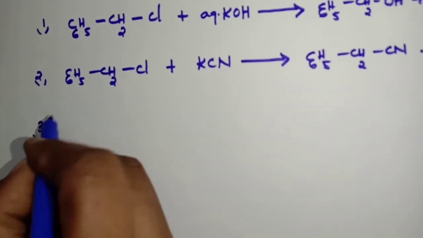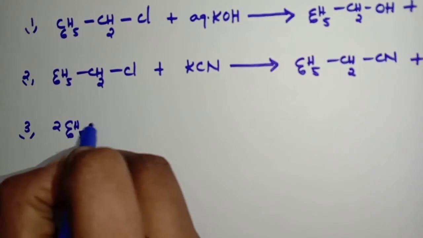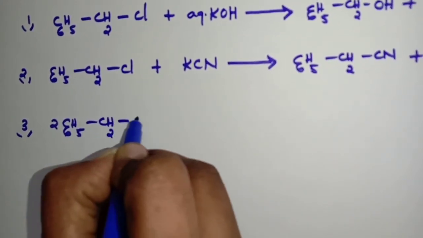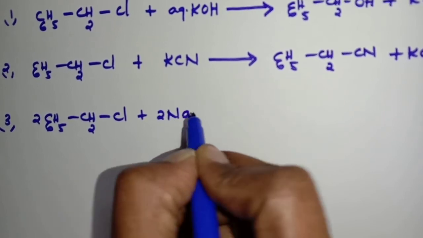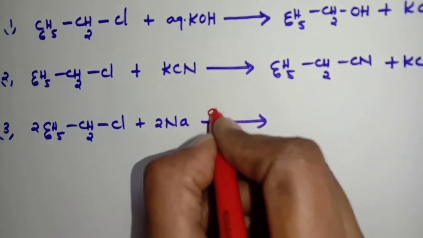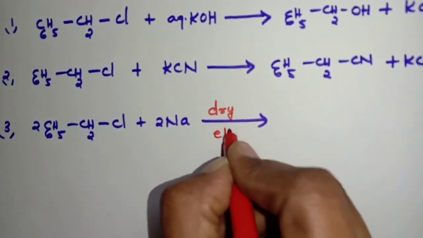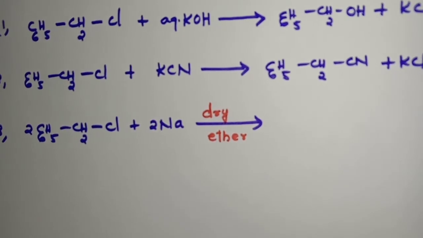Next, third chemical property, taking two molecules of benzyl chloride, C6H5CH2Cl plus 2Na in the presence of dry ether. So now you must have understood this reaction.